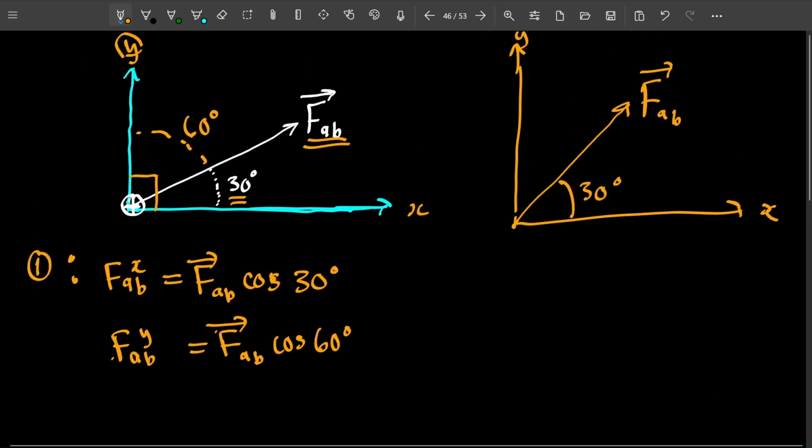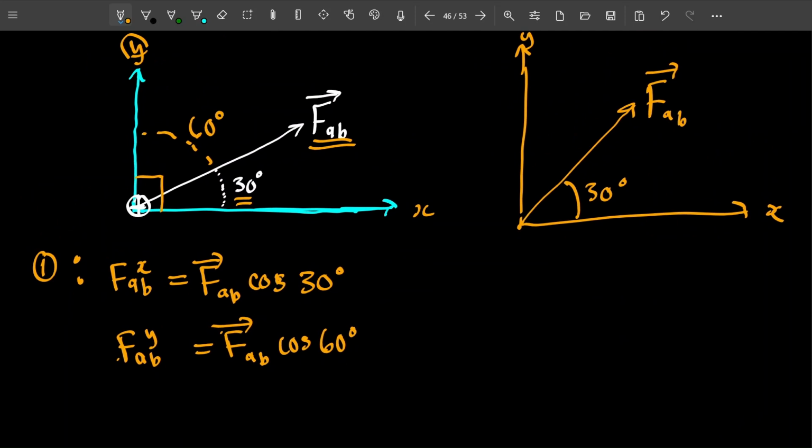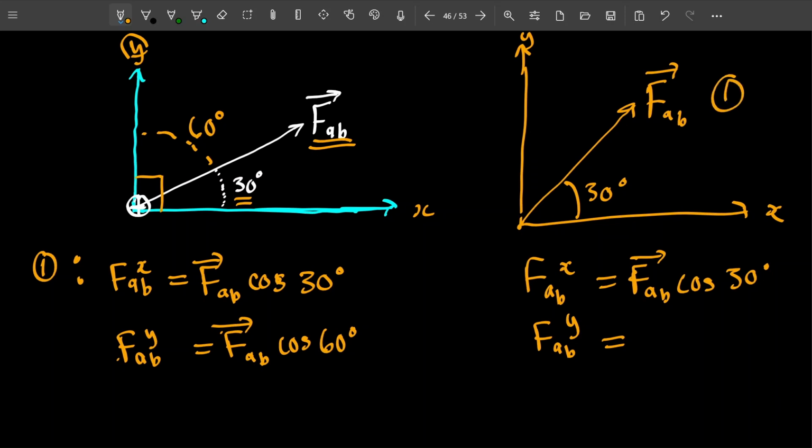Now, when we are resolving in the other way, you can see us do this. To find my FAB in x, this is going to be the same thing, FAB cos 30 degrees, and this is the original FAB. Then the vector one, FAB in y, is what we do in another way, especially for forces that are slanted in the first quadrant like this, that have small angles, both 30 degrees, 45 degrees.